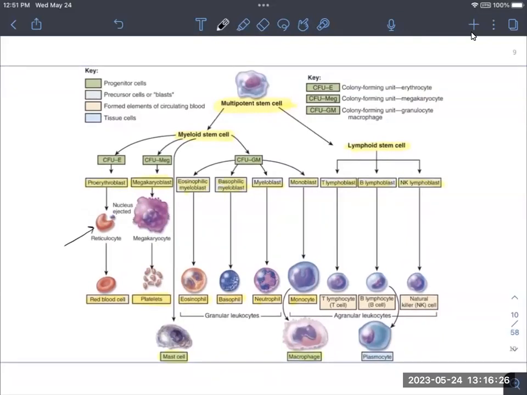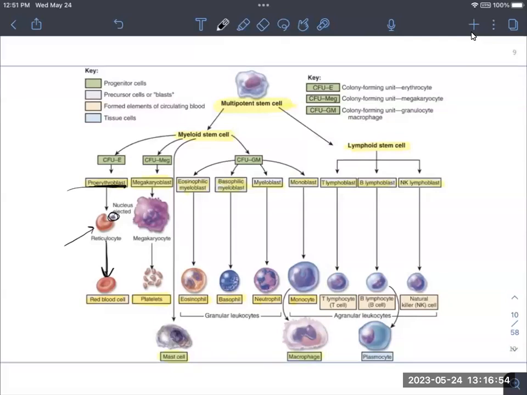This pro-erythroblast here differentiates into a reticulocyte. When it differentiates into this reticulocyte, we spit out that nucleus right at the end of the maturing of the red blood cell, because we don't need a nucleus in our red blood cells. So we get rid of it right before those red blood cells go out into that circulation.